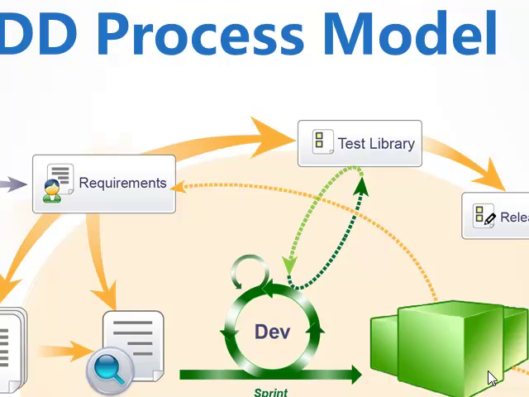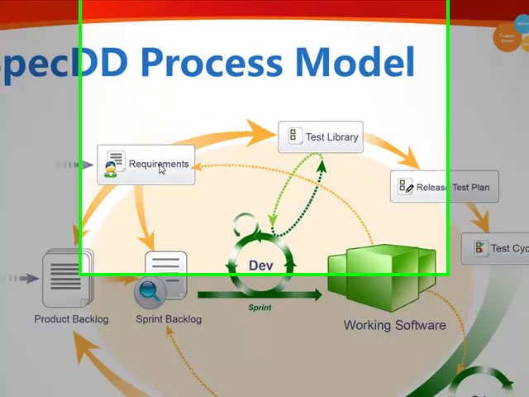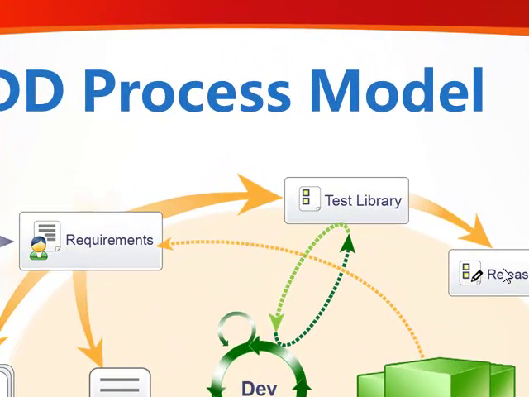However, one key difference, and this is where we start differentiating SpecDD from other Agile Scrum methodologies, are how the inputs and the outputs are connected to the requirements and to testing.